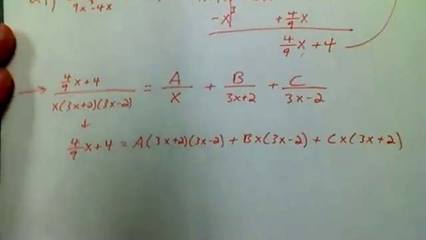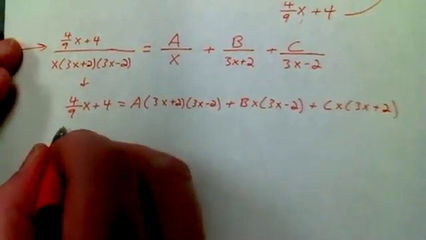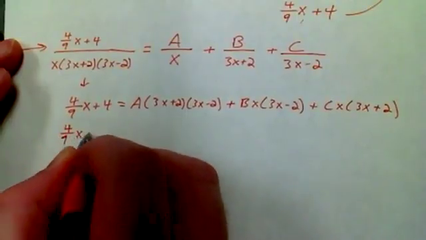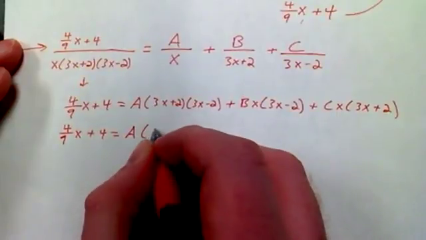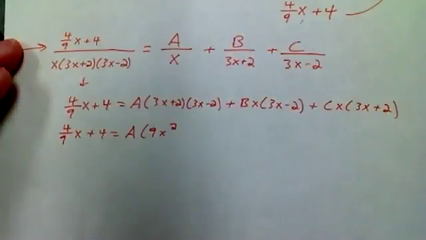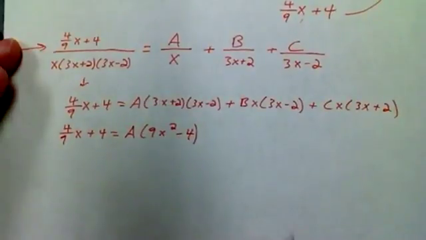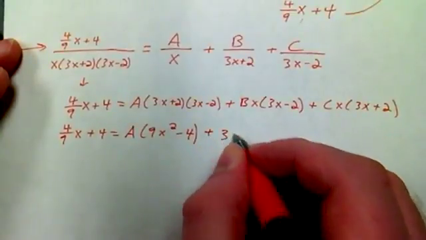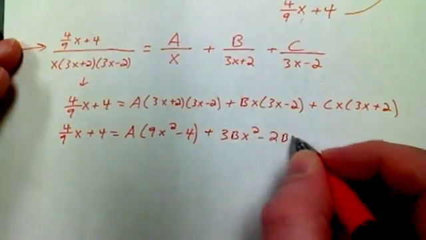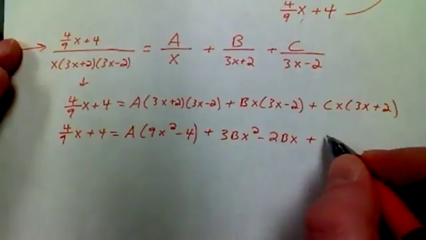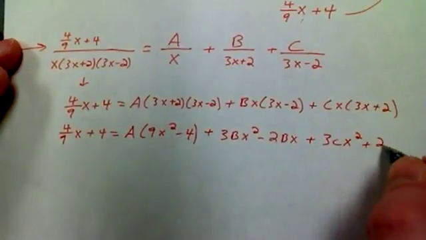So I'm right here right now. Okay, so this should look similar to the other problems. And I'm just going to go through and work on cranking this out. Okay, so this is going to be A times, this is 9x squared minus 4, that's a difference of squares right there, plus 3Bx squared minus 2Bx plus 3Cx squared plus 2Cx.